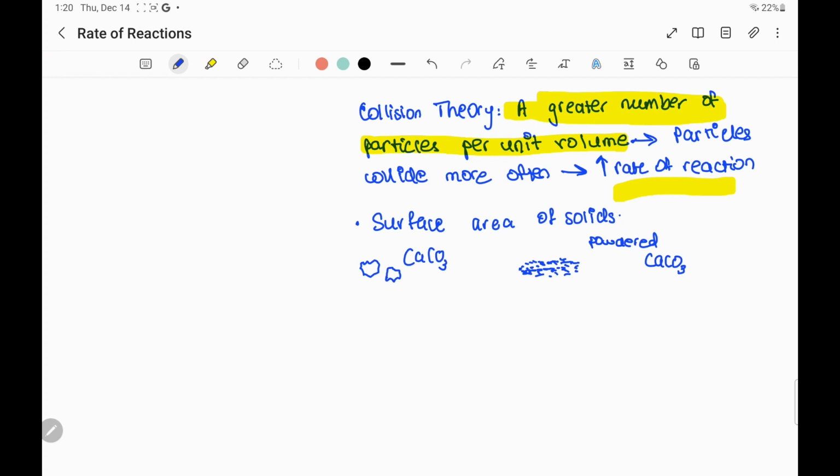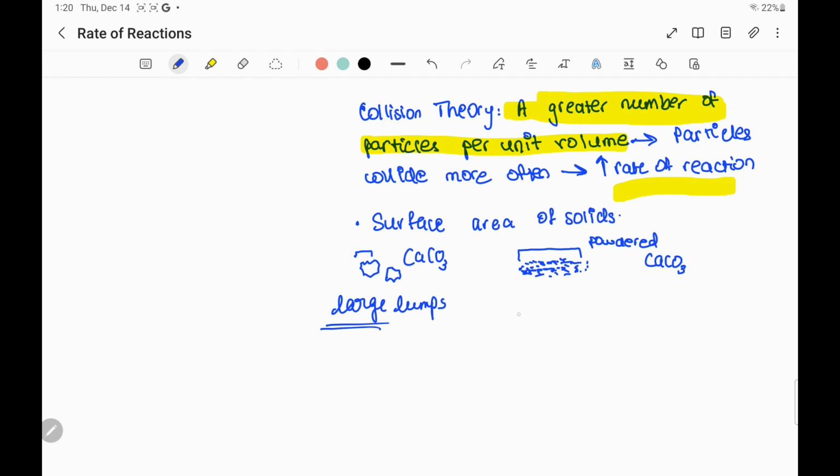Which one would you use to ensure that you have a fast rate of reaction? Now usually how they confuse you, when they say large lumps of calcium carbonate, when students see the word large, they automatically assume that it's large surface area. That's not true. As you can see over here, the surface area of the powdered form is much greater than the lumps.